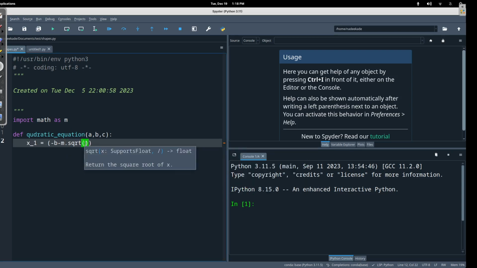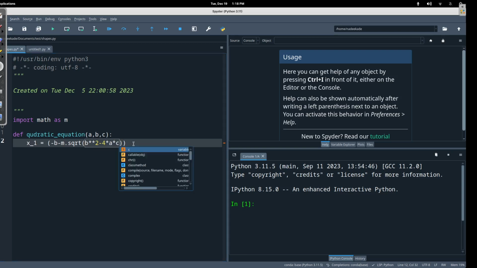Inside the function we will write b, two stars, for square, minus 4 star a star c, everything divided by 2 star a.